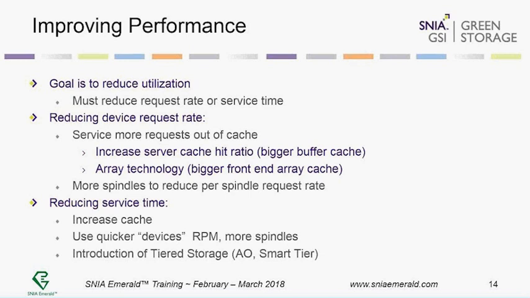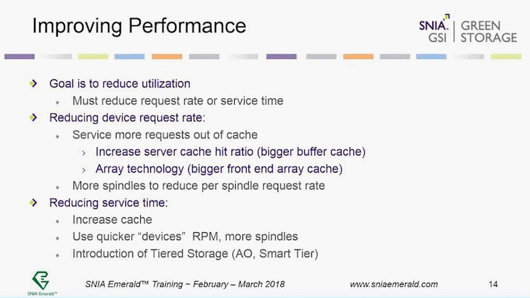You can reduce the device request rate. And how do we do that? Well, we talked about caches. The more IOs that we can satisfy out of cache, the better off we're going to be, because it's being serviced by a faster resource and it's reducing the utilization on the back end spinning drives, if you will, that's in the array.